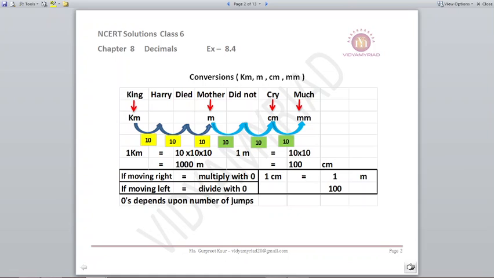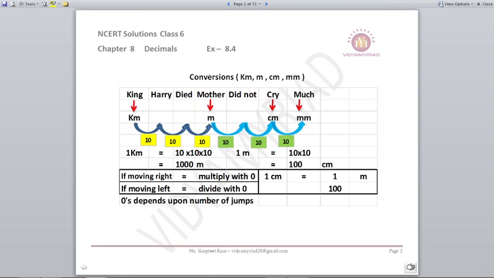But if I have to move in the opposite direction, that means I am moving backward, or moving towards my left hand side, in that case I will divide with that number of zeros. Like when I am moving forward, I am multiplying it. When I am moving backwards, on the left hand side, I will divide with that number of zeros.